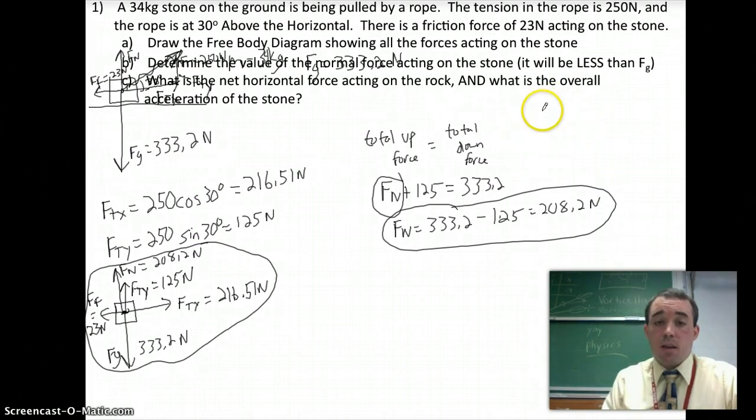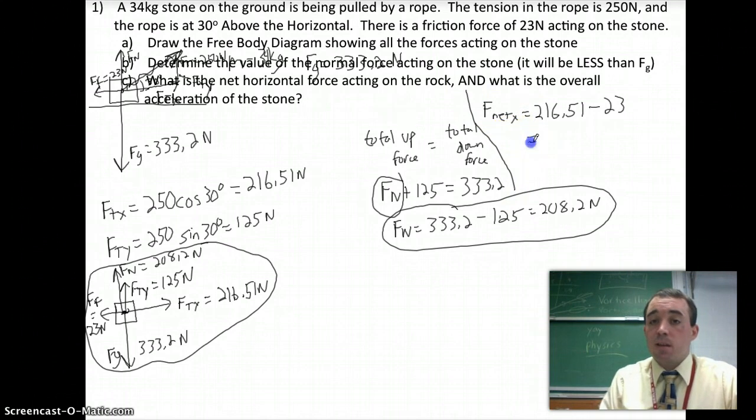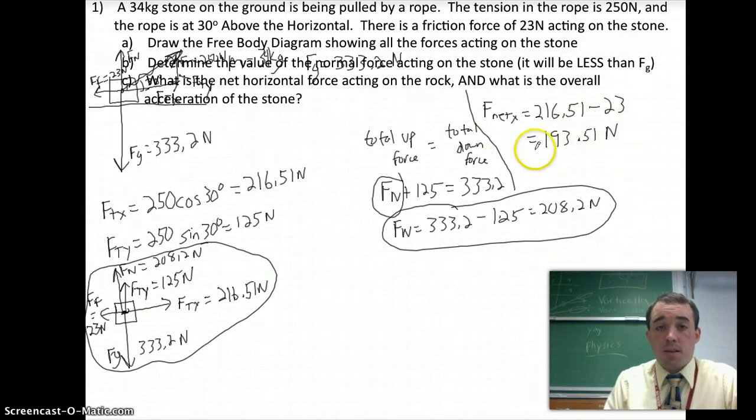My total to the right is 216.51 minus 23, which is my F net X. Subtracting those two gives me 193.51 newtons. That's my total horizontal net force acting on the rock.